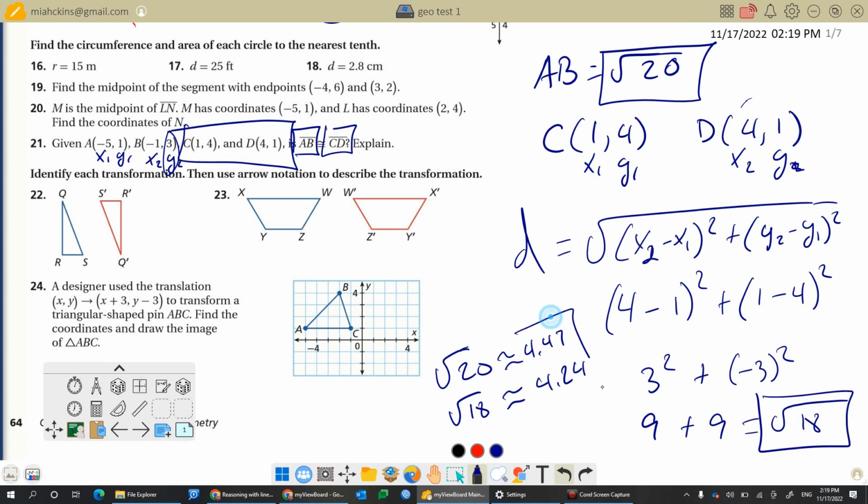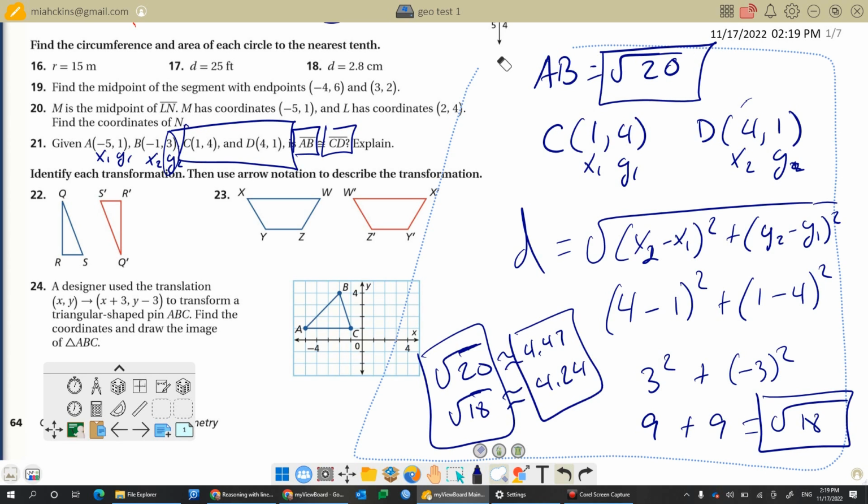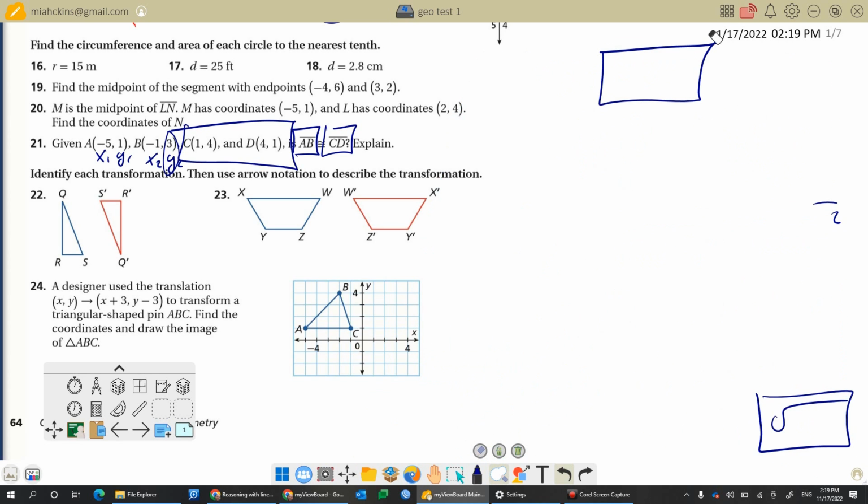And we can see that these numbers are not the same, which we already saw over there. But in case you did not get the square root of 20 and the square root of 18, if you just plugged it all into your calculator and got the decimals, you can also see that neither one happens to be the same. So they are not equal to each other, therefore they're not congruent to each other.